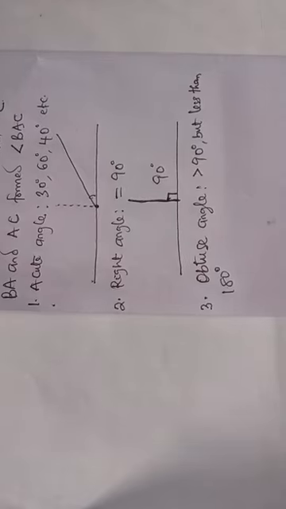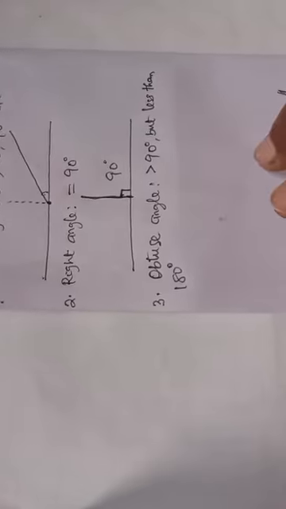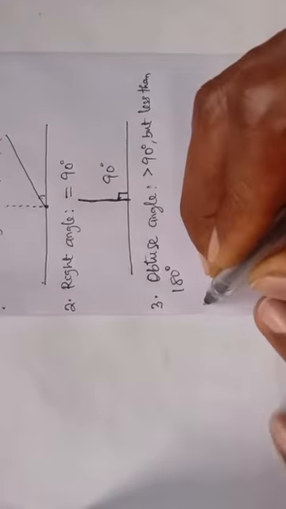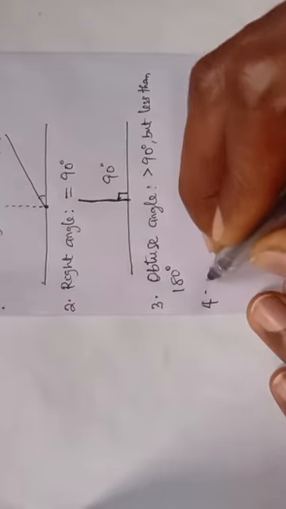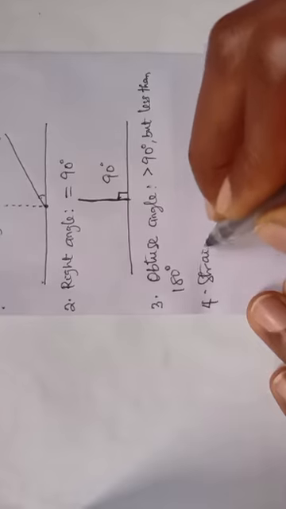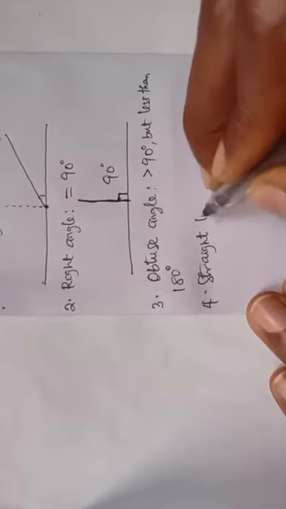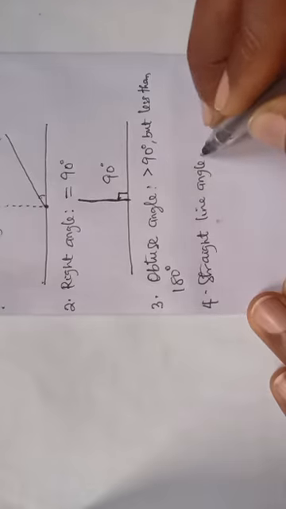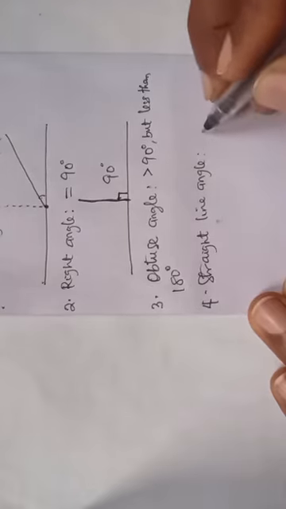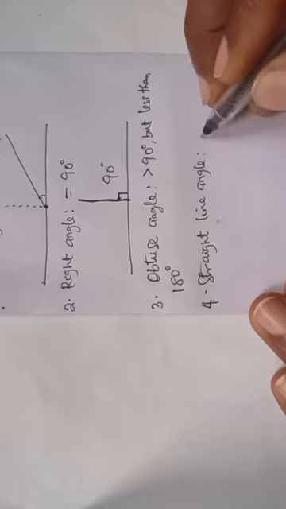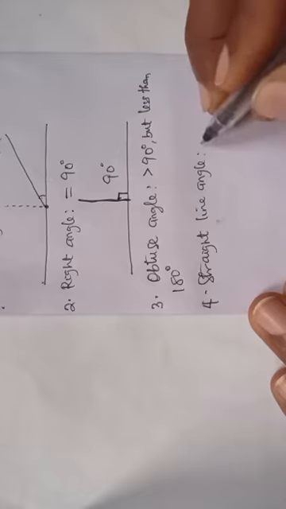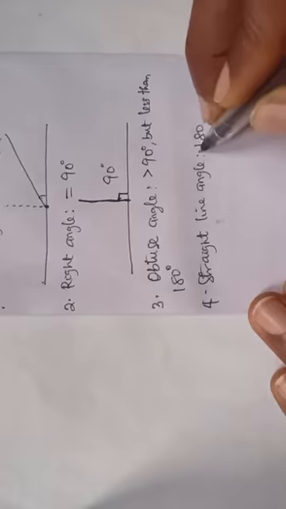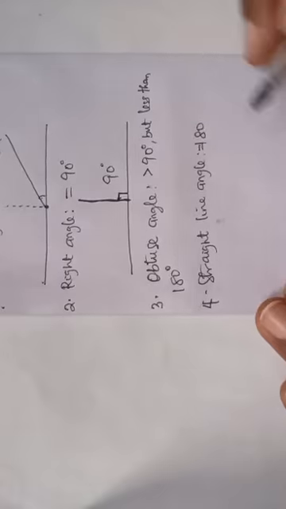Let's look at the fourth one, which is the straight line angle. This is an angle that is equal to 180 degrees. It is equal to something like this.